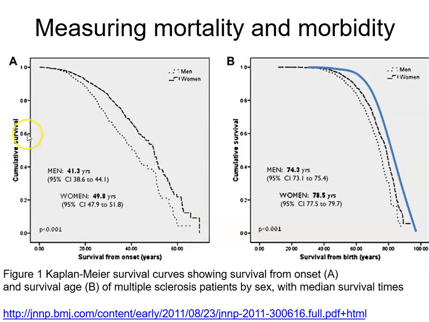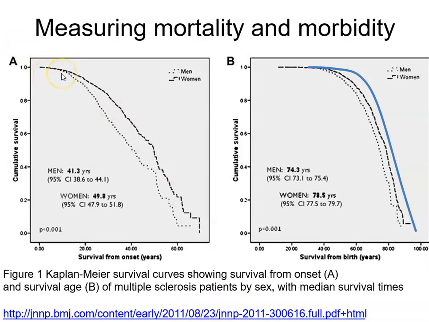Now what this is showing is cumulative survival from 1 to 0 as a fraction, whereas this is showing survival from onset in years. So what it's showing is, although at the end of the study everybody, or virtually everybody, has died, that is because this study is showing survival from onset. So it's a slightly unusual graph, but what it shows is that you can take all the multiple sclerosis patients from this particular study here, if you follow that link.